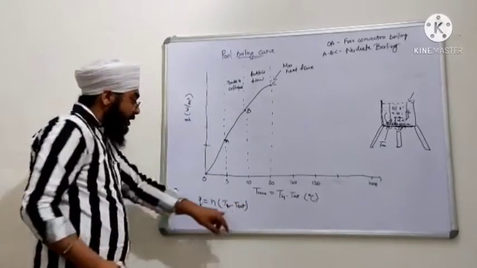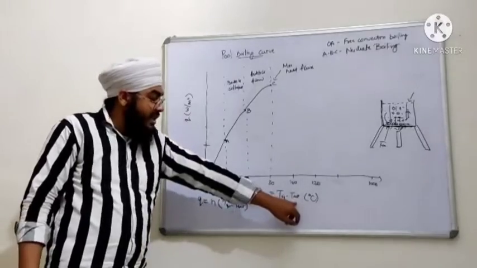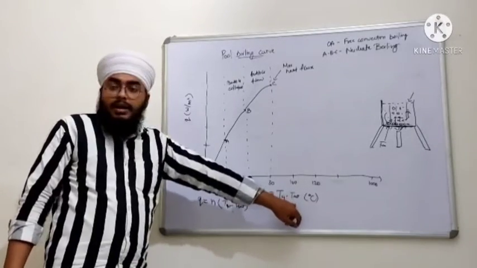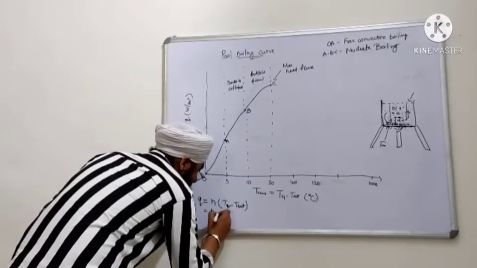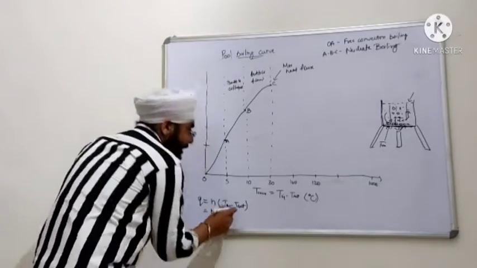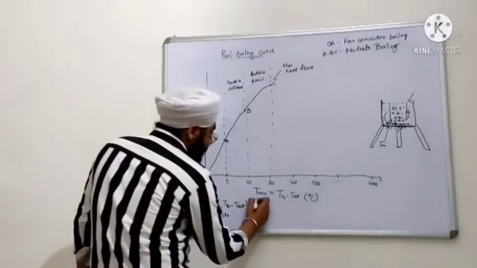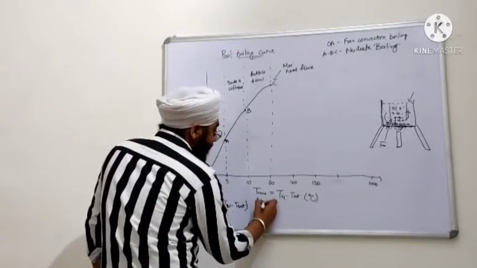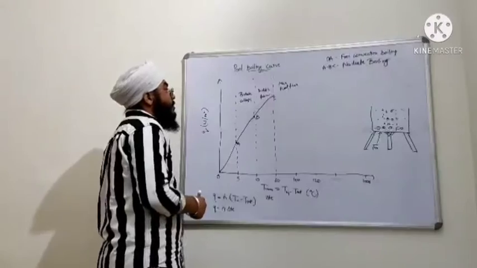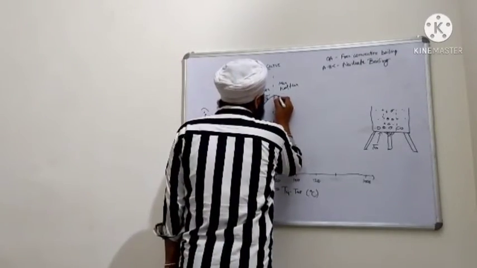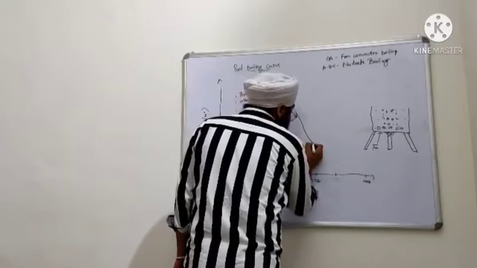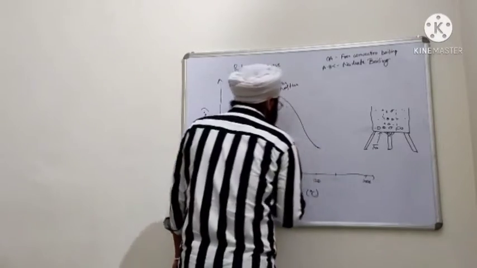Now here, T_w minus T_saturation is the same as what we are taking here. It can also be written as h delta T_e, and delta T_e is TXS. TXS is also denoted as delta T_e. So coming back to the full boiling, from C to D the curve will look like this.